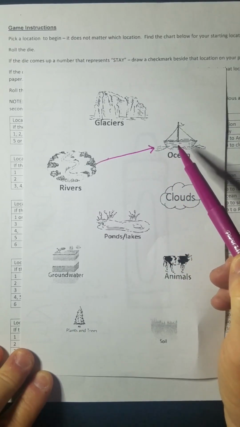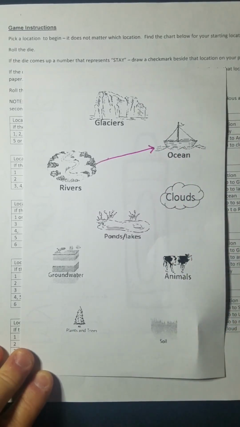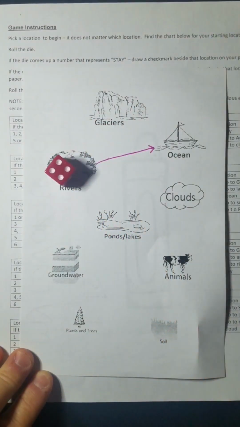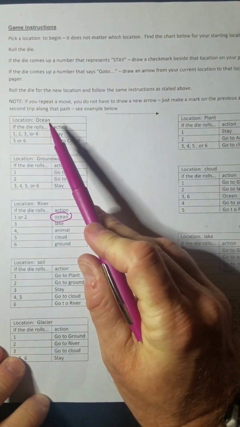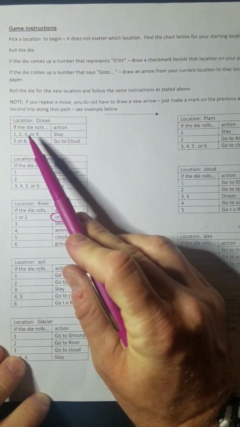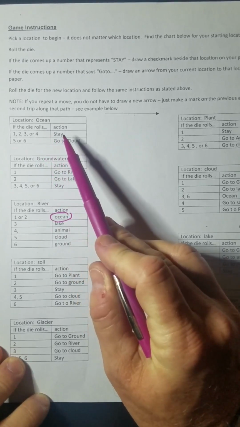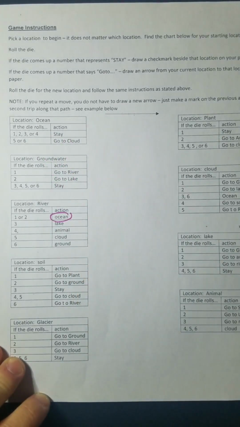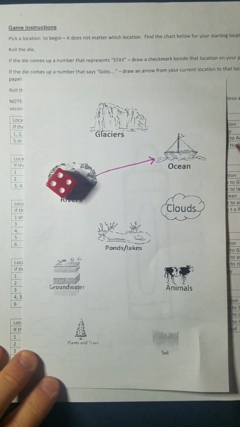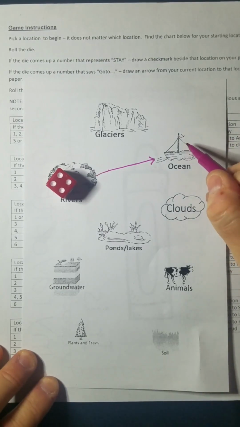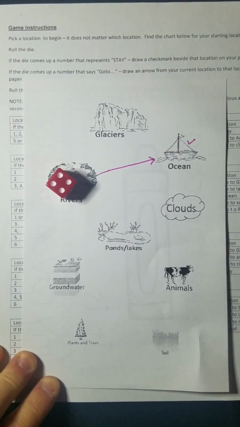Well, now I'm at the ocean and I need to figure out where water can go from the ocean. I'm going to take my die and I'm going to roll it again and I get a 4. Well, now I need to go to oceans. If the die rolls a 4, I stay. Now, how we're going to depict that on our map here is if you roll a stay, you're going to draw a check mark.